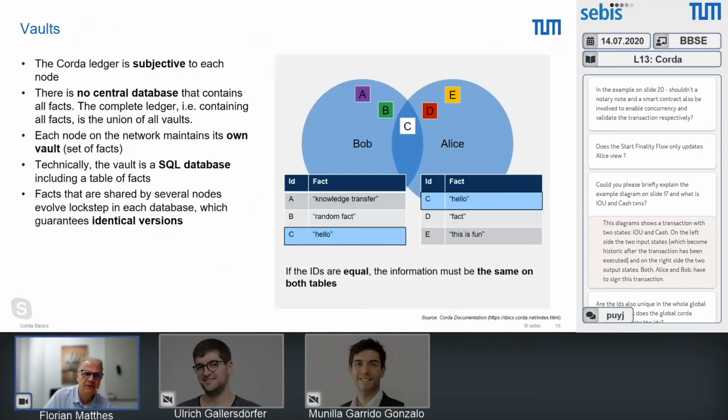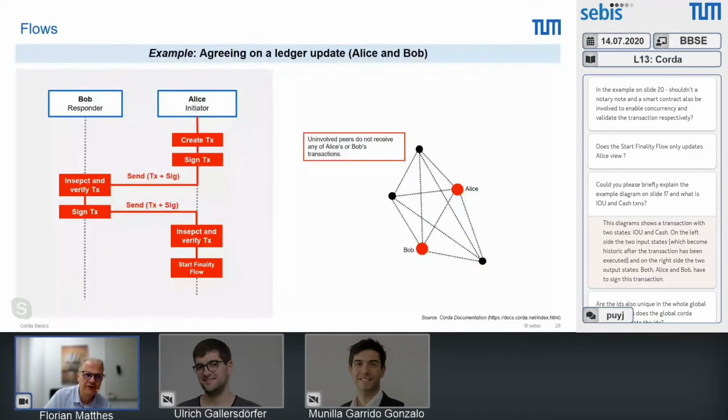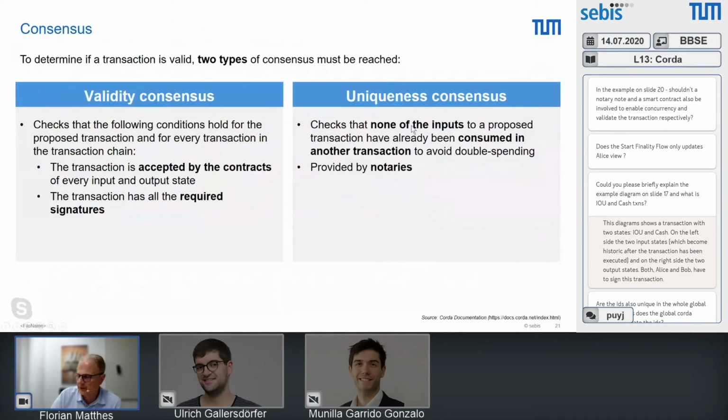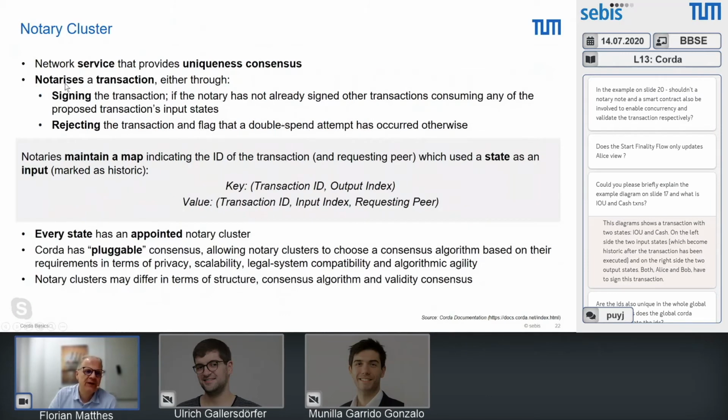So the role of the notary, as I mentioned, is to ensure the uniqueness consensus. They validate that the inputs are not double spent, that the unspent outputs are only used once. They do this not by sending a message around, but by signing the transaction.